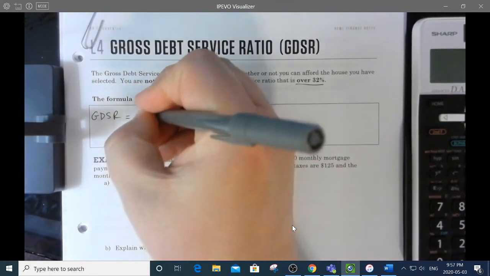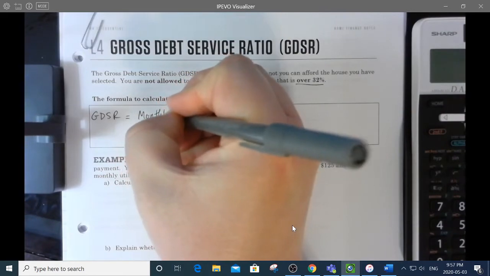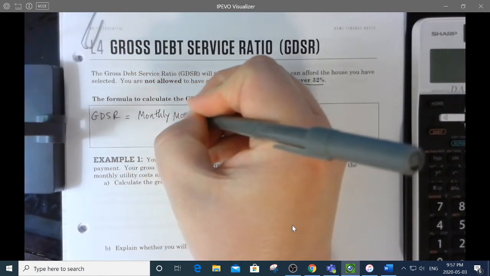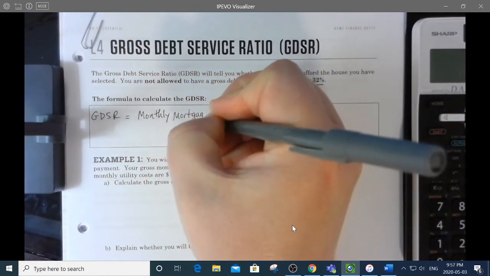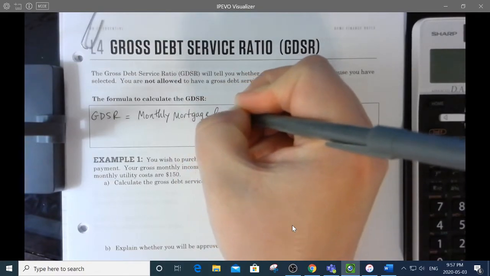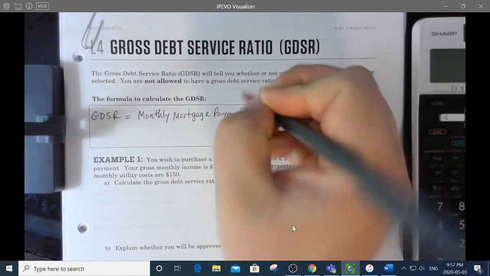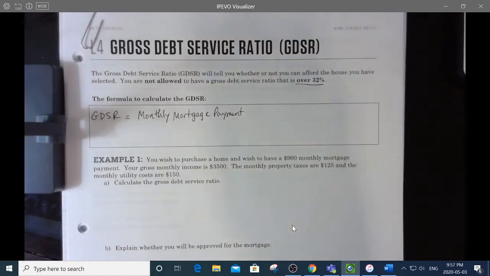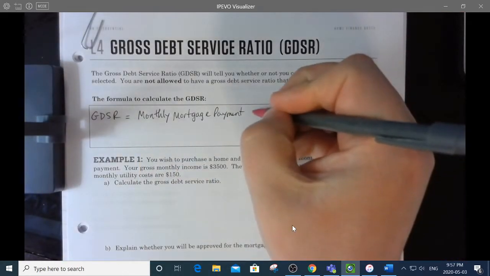is your monthly mortgage payment, which of course we all know how to calculate. We learned that a couple lessons ago.